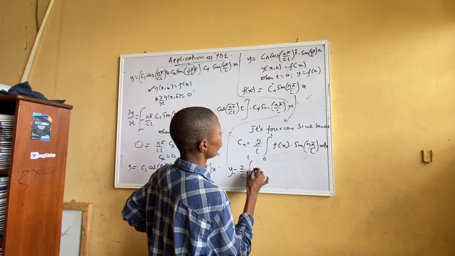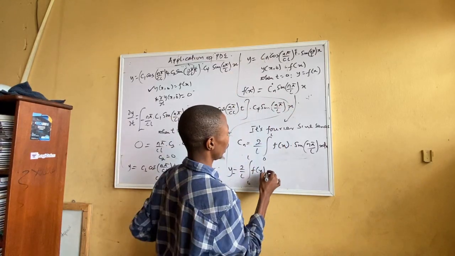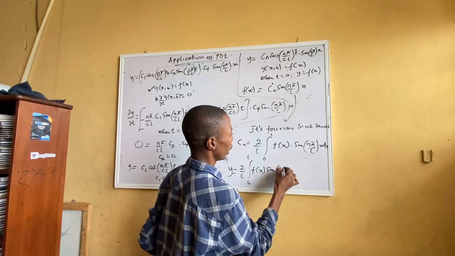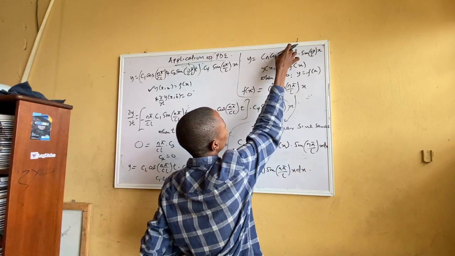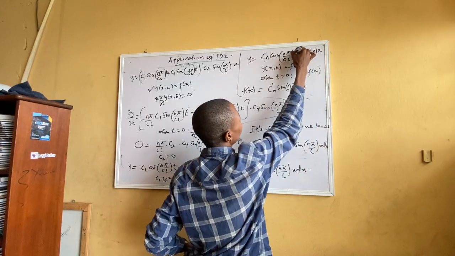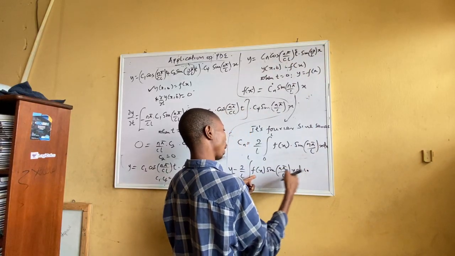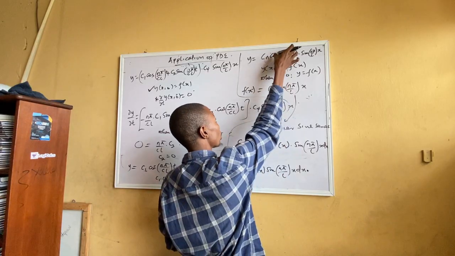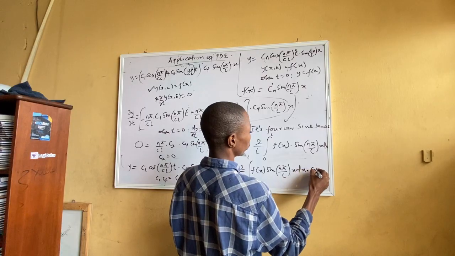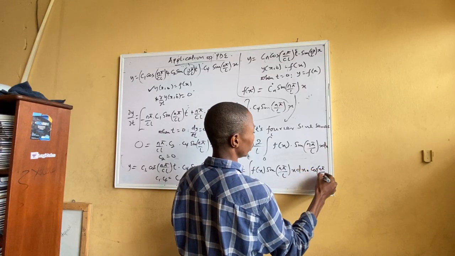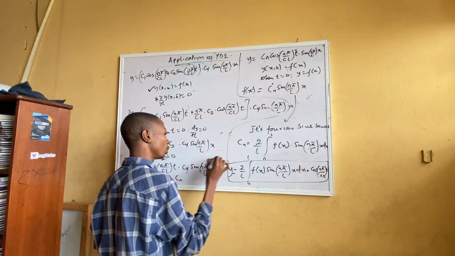I'm putting Cn back into my final solution: f of s sine n pi over L x dx, times cos n pi over L c t. We are integrating with respect to x, so it does not concern this one. This is a function of t. Finally, that's it. This is how our solution will be.